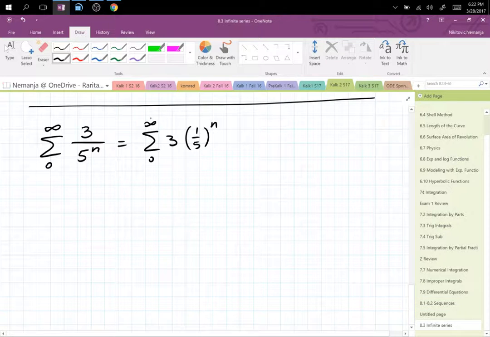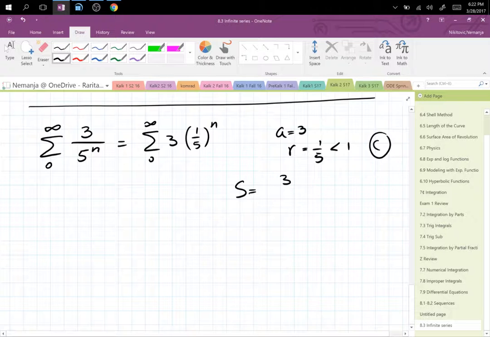A is 3, and r is 1/5. 1/5 is less than 1. We have a convergence. So the summation is 3 over 1 minus 1/5, which is clearly 15/4.